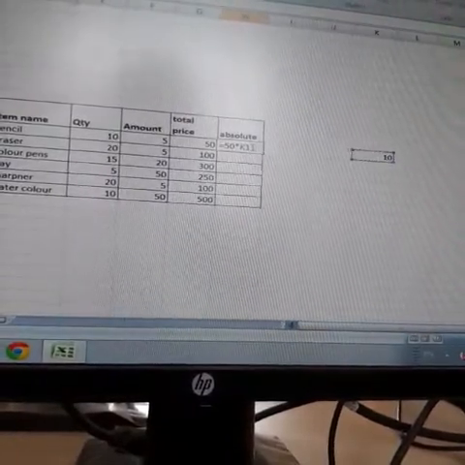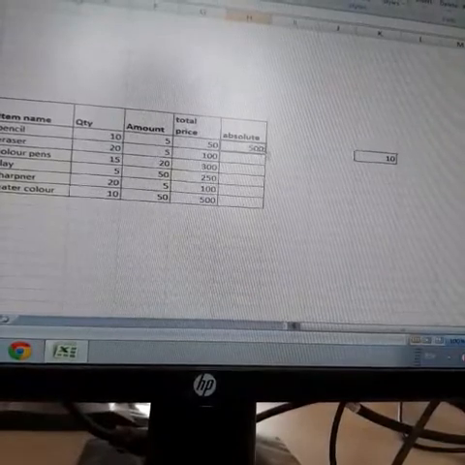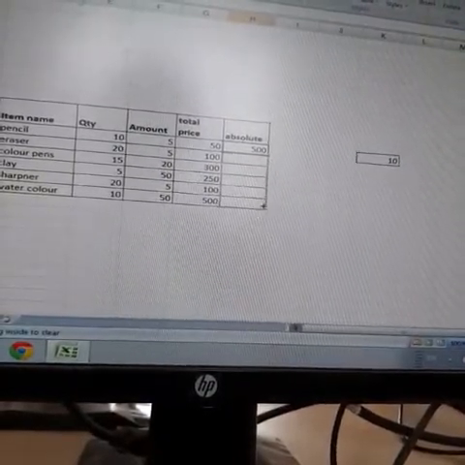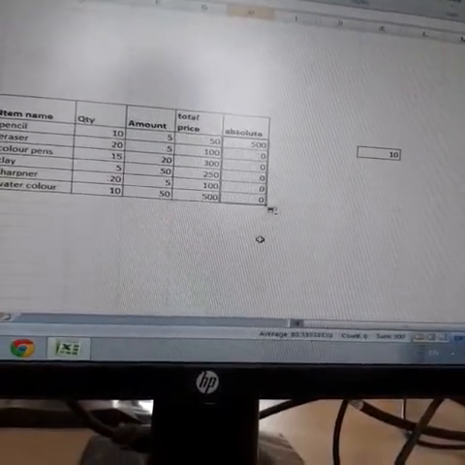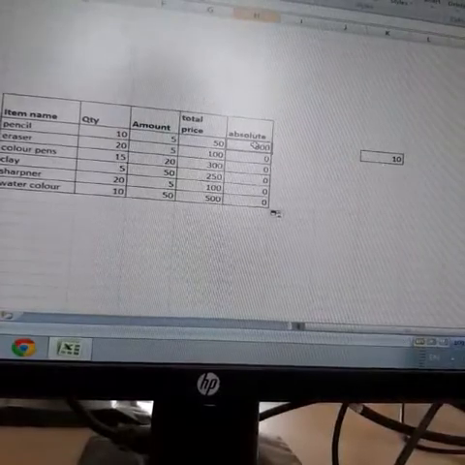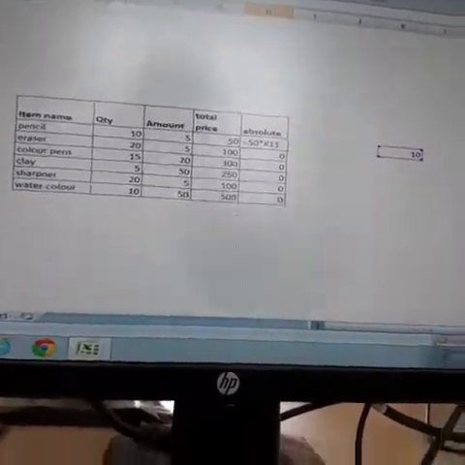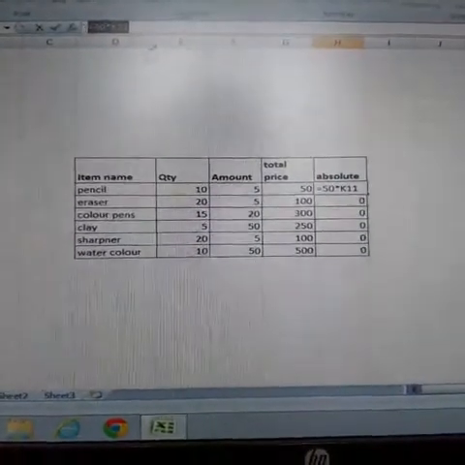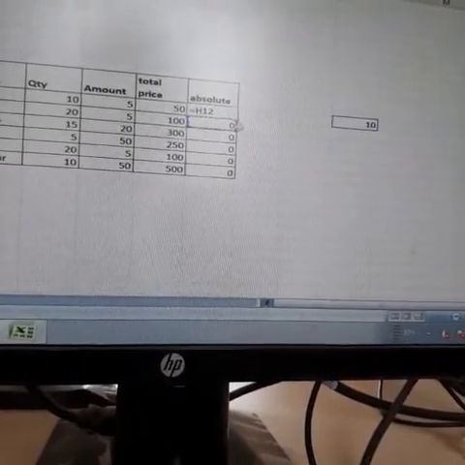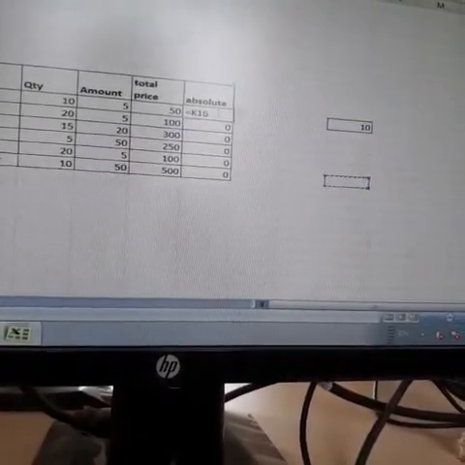Now I press enter, but when I drag this formula, it will give me 0, 0, 0. Why? Because the reference I have given is a relative reference. See, this is the relative reference. That's why it will take the values here, this one, this one, this one, but they are 0.